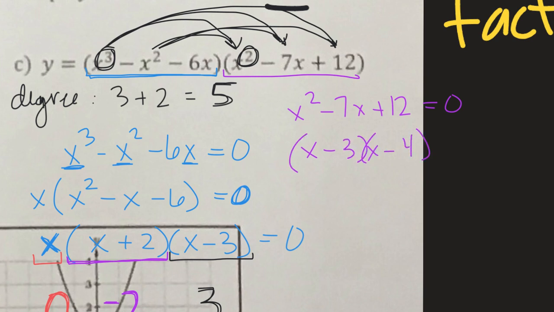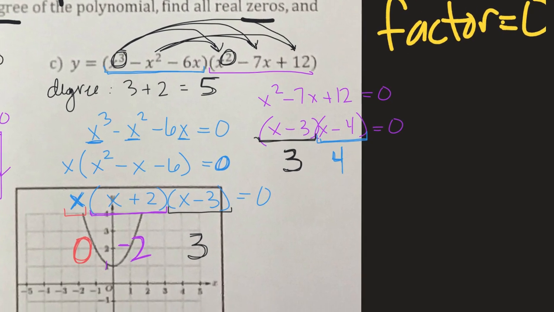Those are numbers that multiply to give you +12 and add to give -7. So when I solve both of these, what number minus 3 equals 0? +3. And what number minus 4 equals 0? +4.